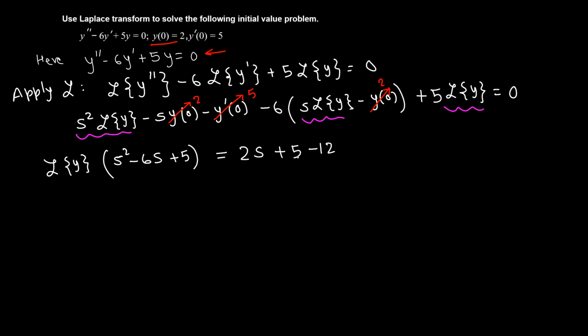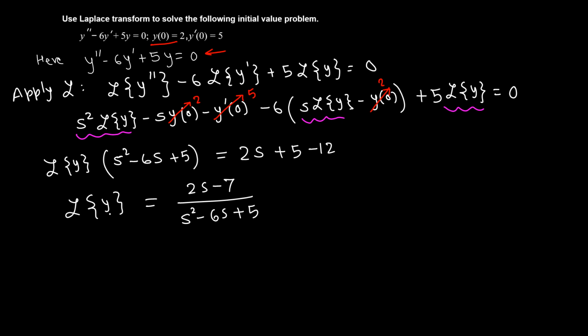This is 5 minus 12, which is negative 7, and now we divide both sides by this, so that Laplace of y is equal to 2s plus 5 minus 12, negative 7, over s squared minus 6s plus 5. That's the Laplace of y.